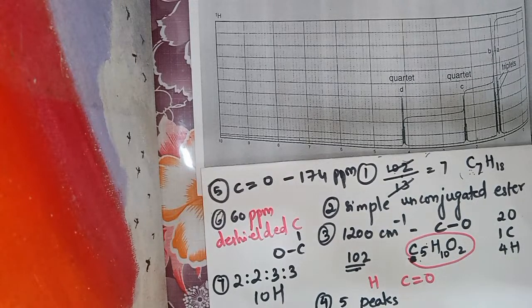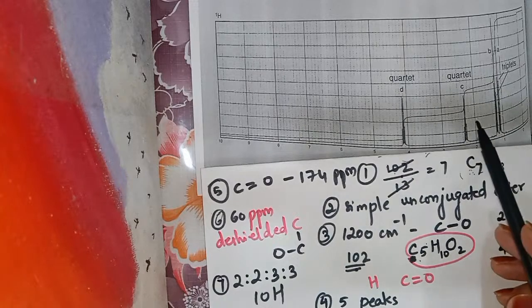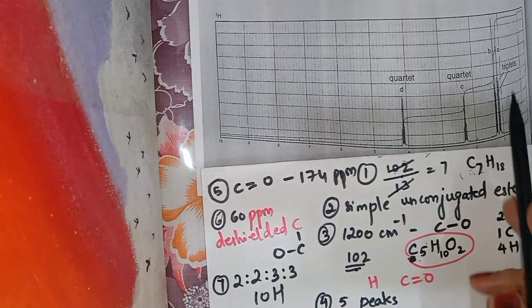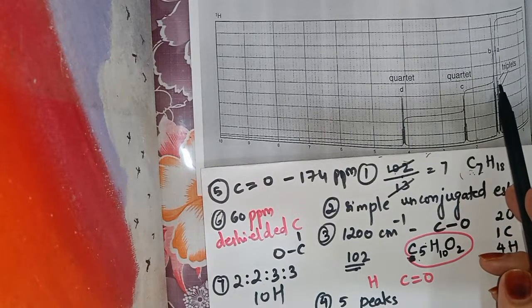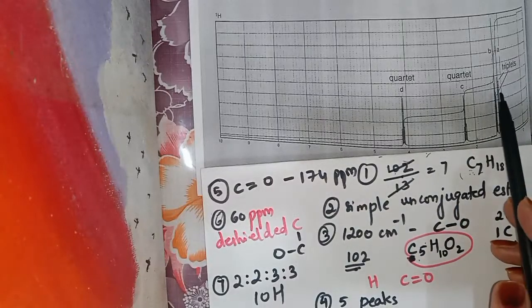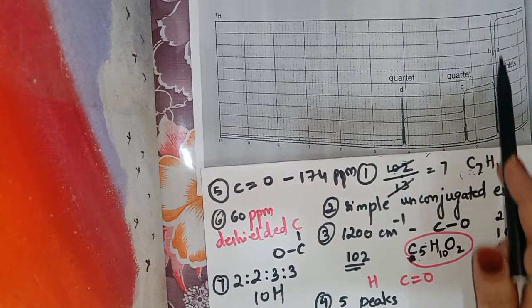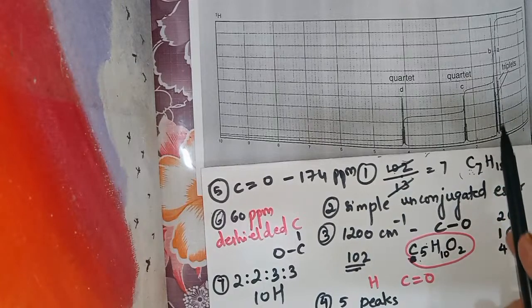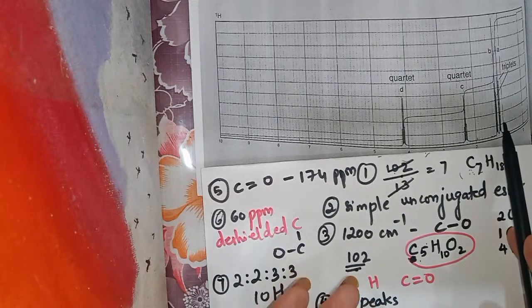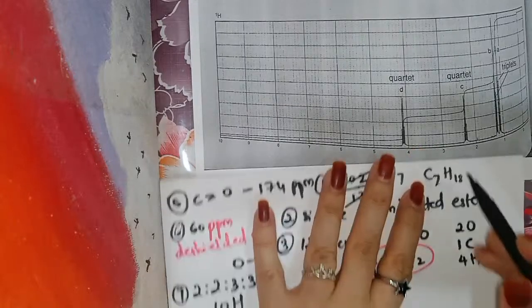Now, using the splitting patterns on the peaks, we can determine the structure of the compound. Here we can see triplet. Let me try to make the structure. Triplet means it will contain, you can see a peak over here, and this peak, when it is expanded, is this kind of peak.